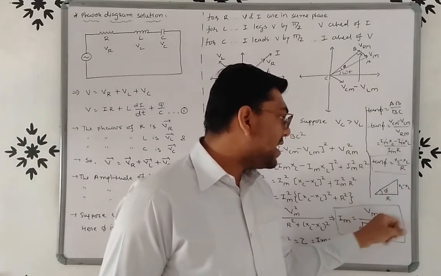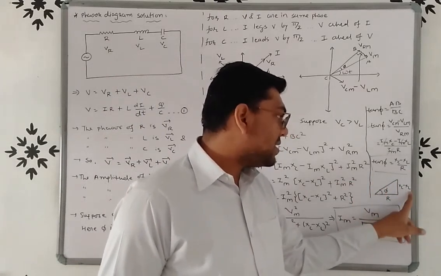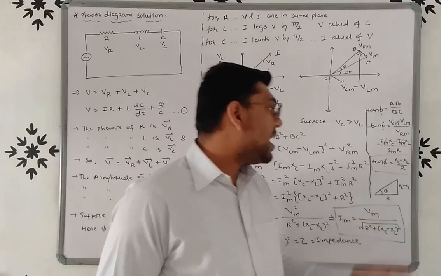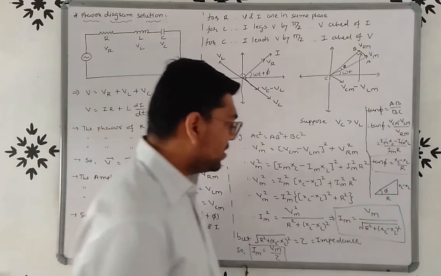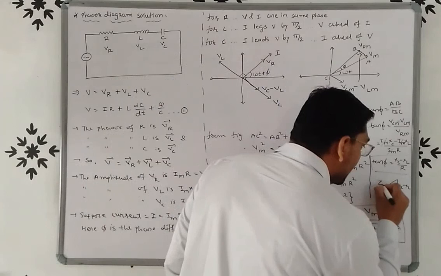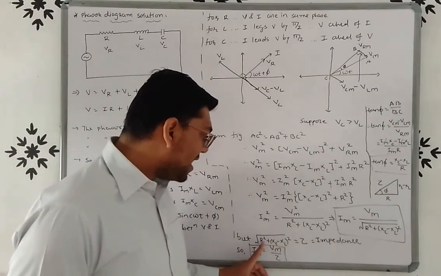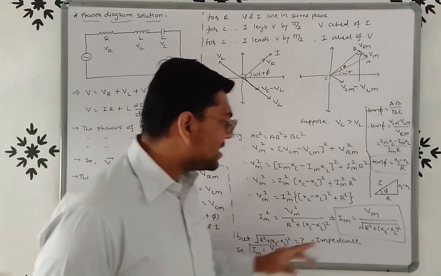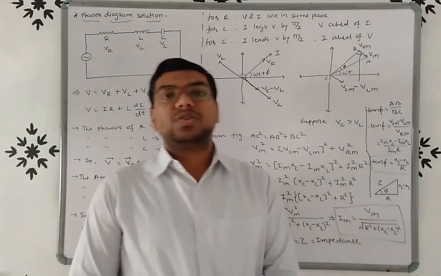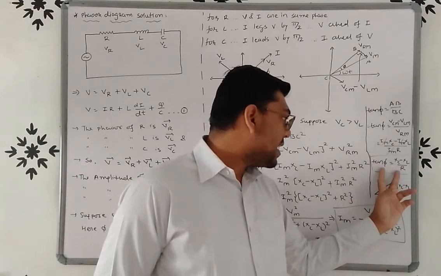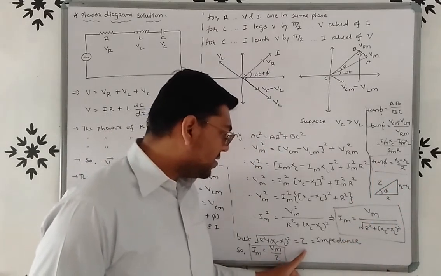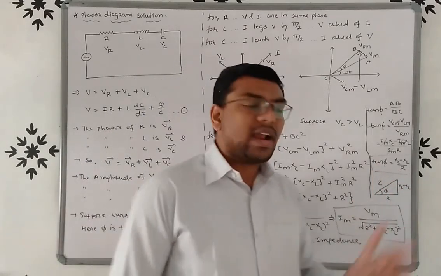We can represent this side by Z because we know that Z is equal to the square root of R square plus (XC minus XL) whole square. So we represent this and this equation by this triangle.